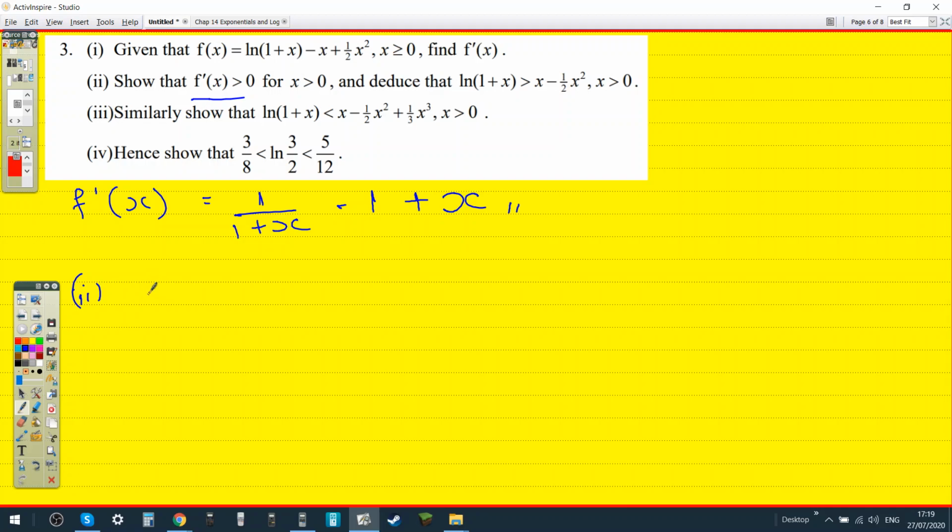You could just make it equal to 0 to find the minimum. Show that f dash of x is greater than 0.